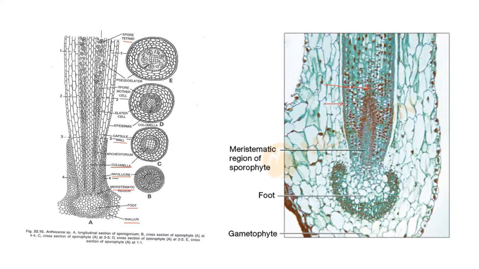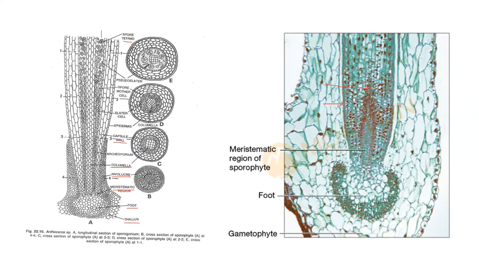So sporogenous tissue is fertile, columella is sterile. The central sterile region is called columella, there is a capsule wall, and in between, the sporogenous tissue is sandwiched.